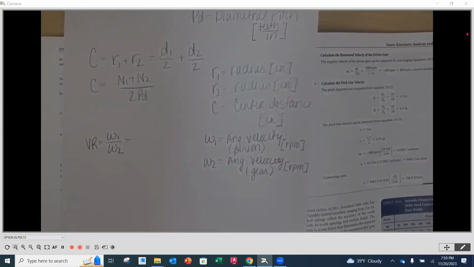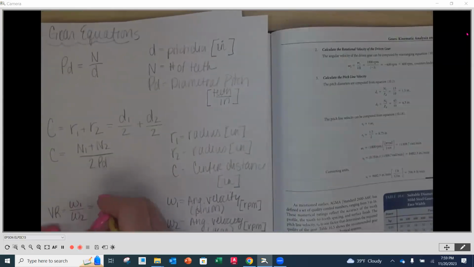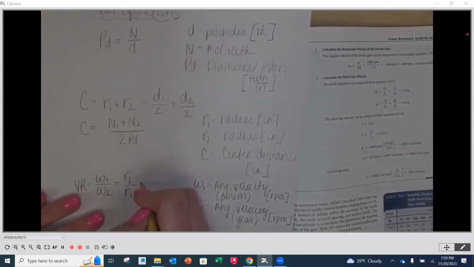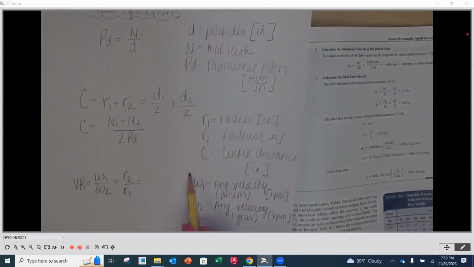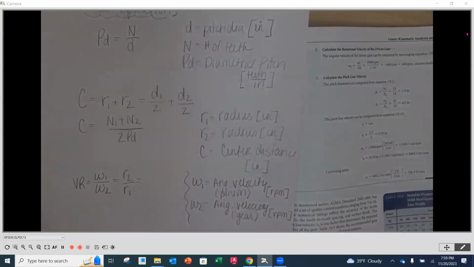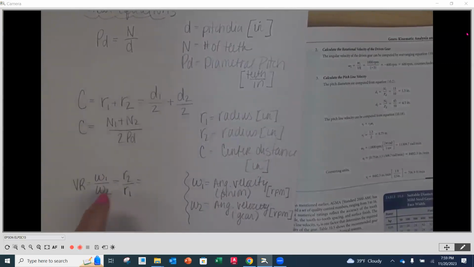Okay. Now the next way that I can calculate velocity ratio is to take the radiuses, radius 2 divided by radius 1. Now, you'll notice something about this velocity ratio. My larger number always has to be on top. So between these two, my faster angular velocity has to be on top, which is going to be number 1, the pinion, divided by number 2, the gear, because the gear is going to be going slower.